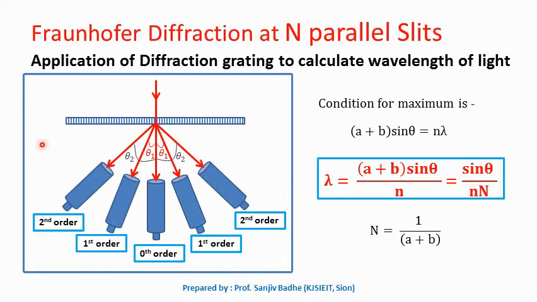So what we will do is, we will perform the experiment with the help of spectrometer to find out the value of θ1 and θ2, and by substituting the values, θ1 for n equal to 1, θ2 for n equal to 2, we can calculate the value of λ. So this is how we can perform an experiment and determine the wavelength of light using a diffraction grating.